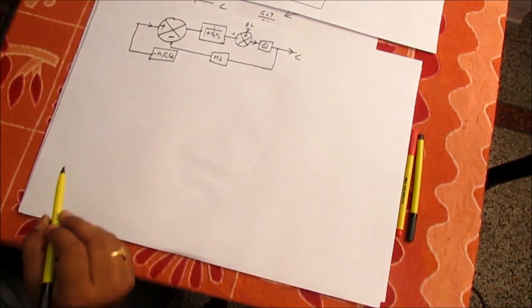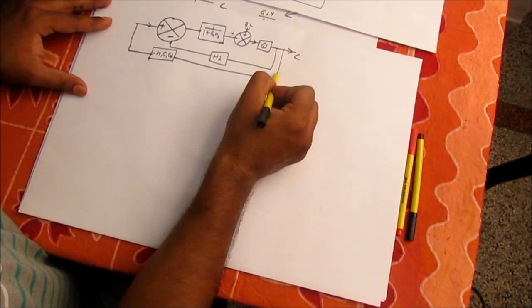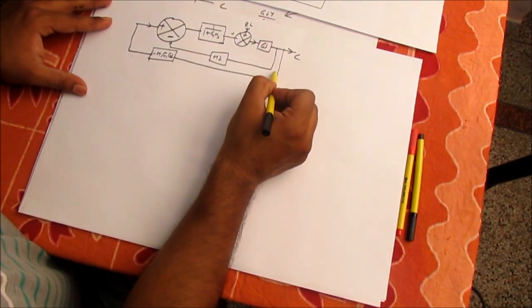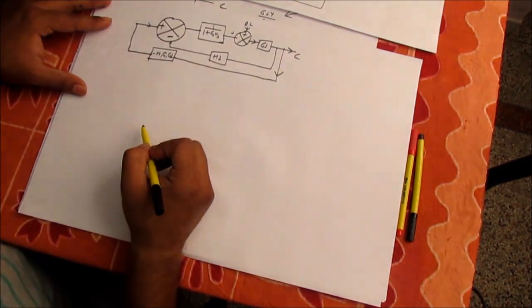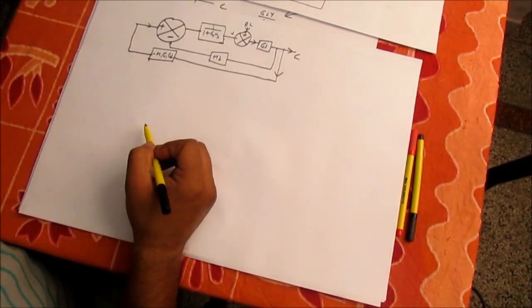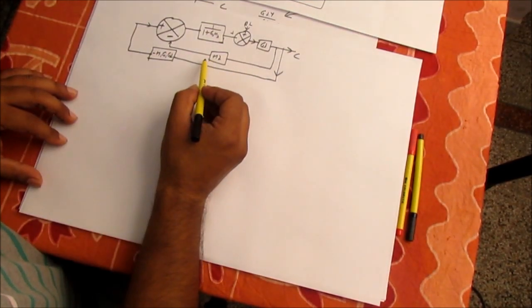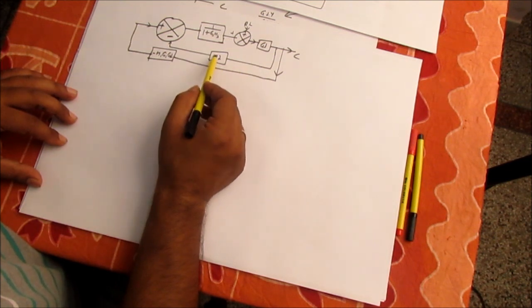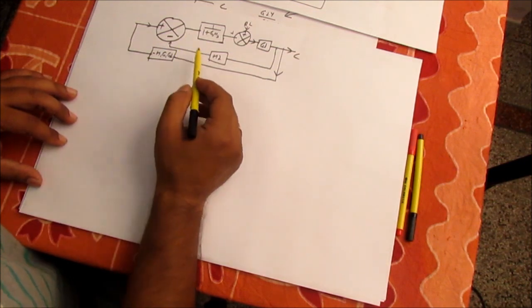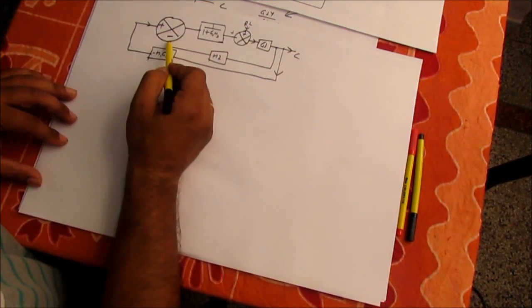Okay. Now let's try to further reduce this system. See, as we have discussed earlier, if the two blocks are in parallel, they have a common point here and they are coming to the summing amplifier.